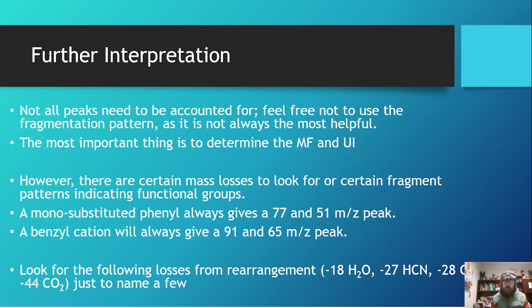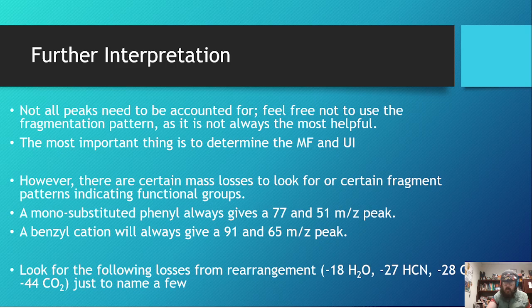Other things you can look for are loss of water, loss of hydrocyanic acid, loss of carbon monoxide, or loss of CO2. These common mass losses come from rearrangement to form neutral losses. If you can see these, you know you have these functional groups in here that can easily be lost.